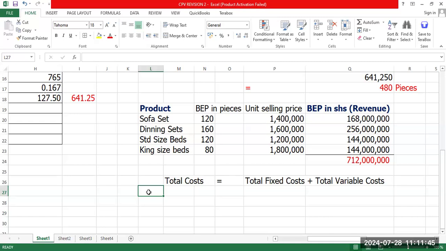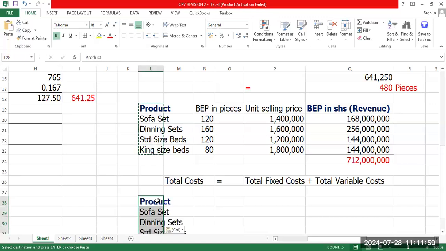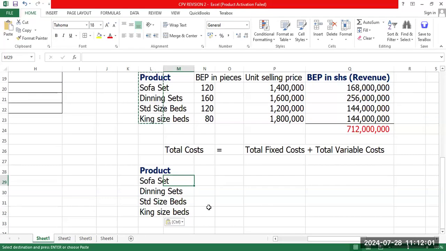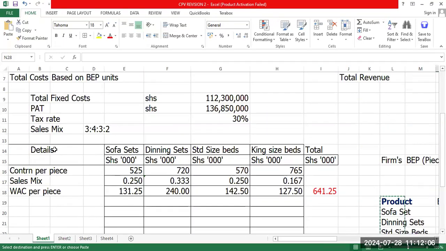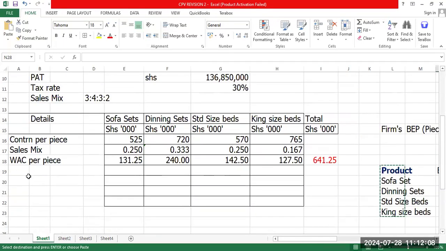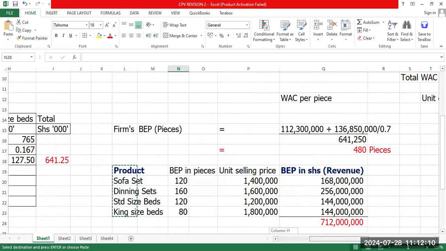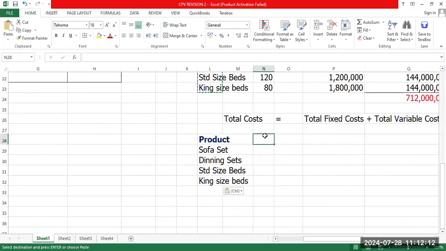You can also decide to use the table, pick the information, and use the table to get total variable costs, as long as you get variable cost.